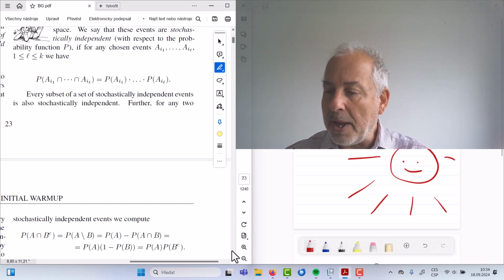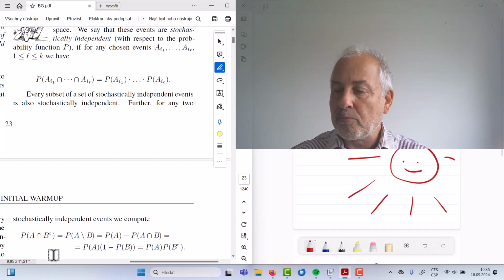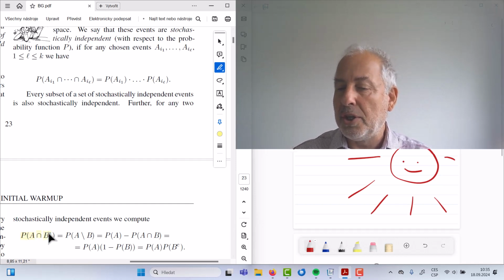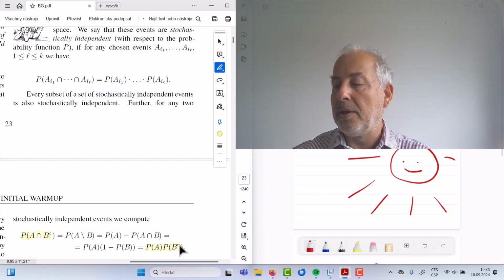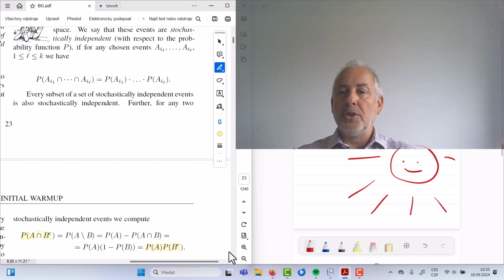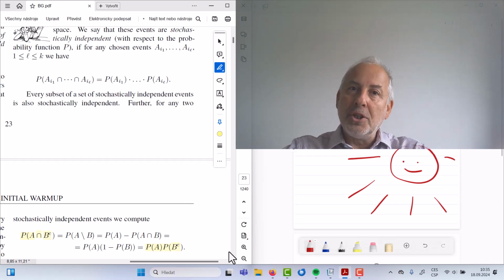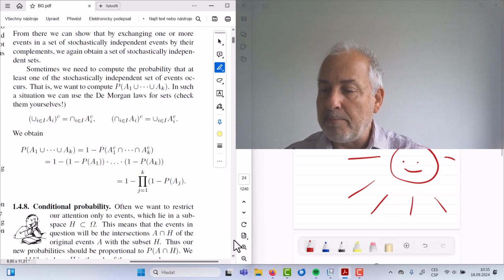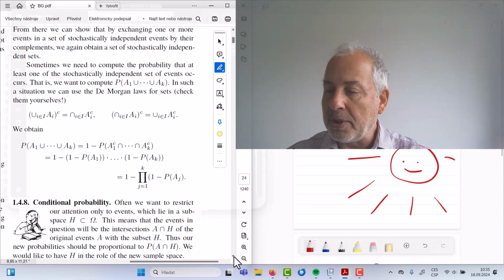And now a nice observation is that if we have two stochastically independent events, then the probability of A intersection with the complement of B is again the product. So this means that if we have a set of stochastically independent events, then we can replace any of them, any number of them, by their complements, and it will be again stochastically independent. That's quite important.